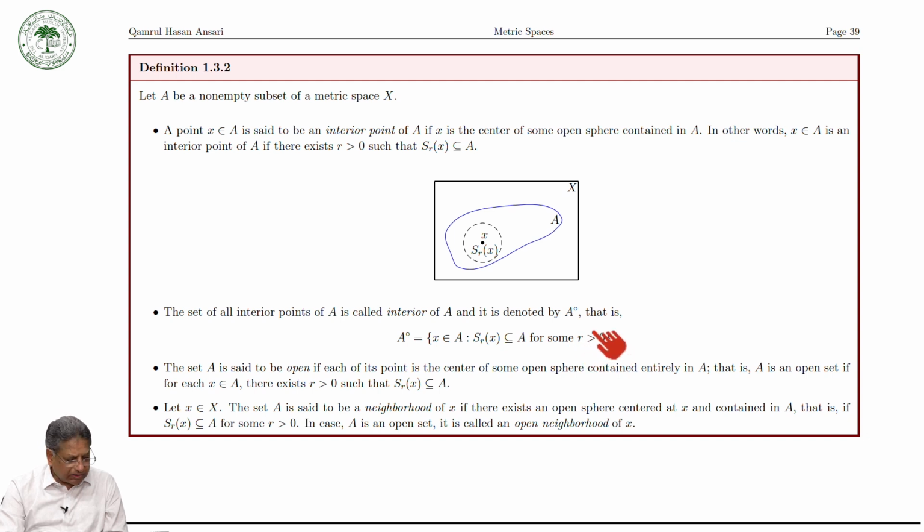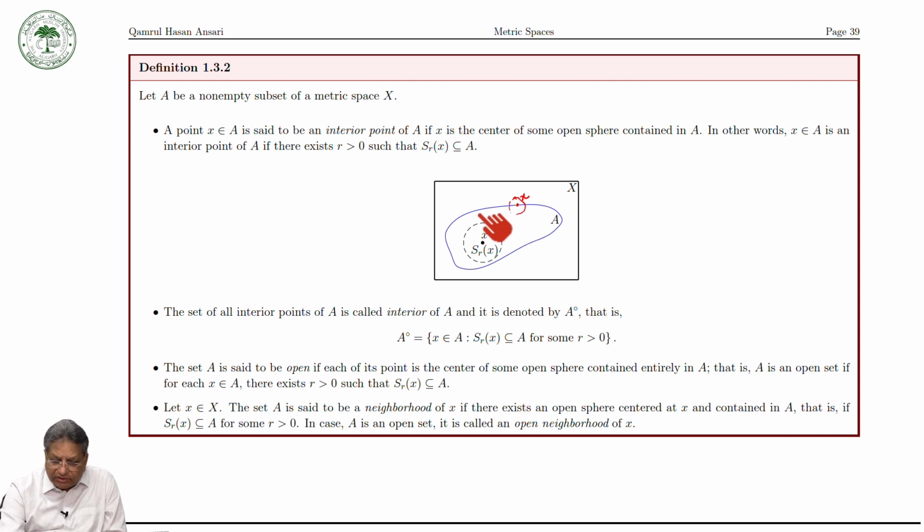Now, suppose you have a point x here. What can you say about whether this point is an interior point? Can you find any radius such that the open ball around this point lies within A? You cannot find one.